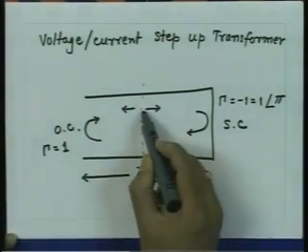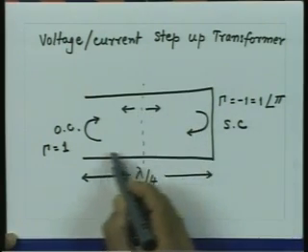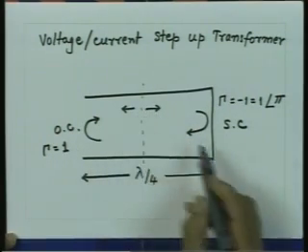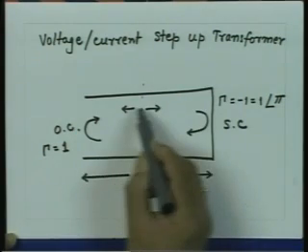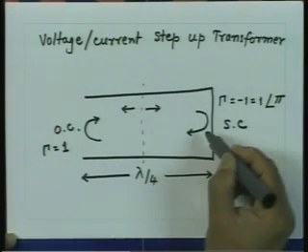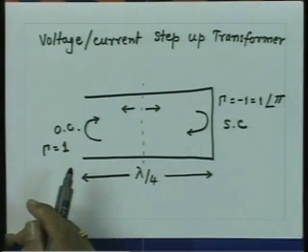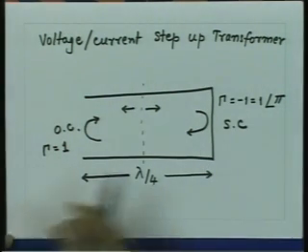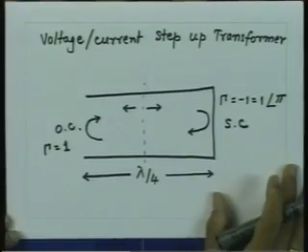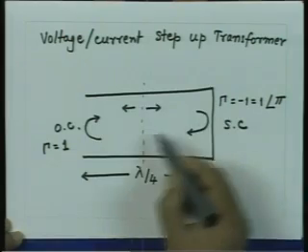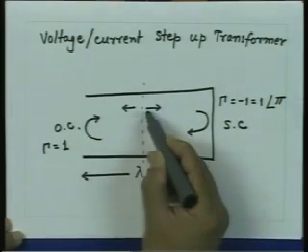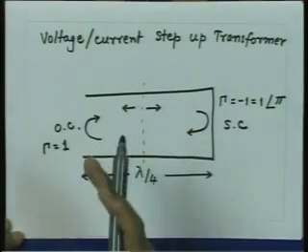By the time this wave has travelled a round trip from here to here, it has travelled a distance of lambda by 2, and has undergone an additional phase change of pi because of the reflection coefficient here. A distance of lambda by 2 corresponds to a phase change of pi, plus a phase change of pi because of the reflection coefficient here. So, the wave which travels a round trip and reaches here has undergone a phase change of 2 pi.